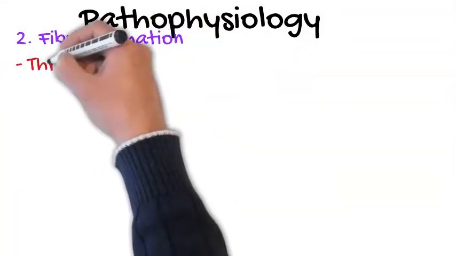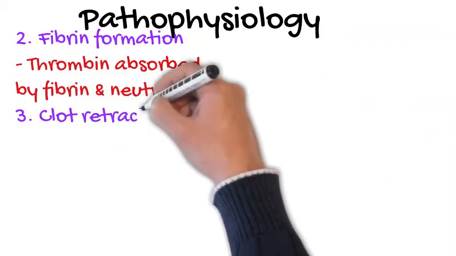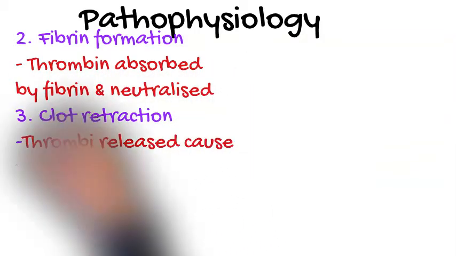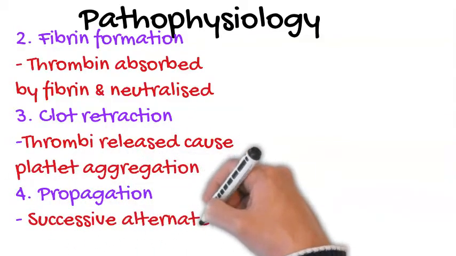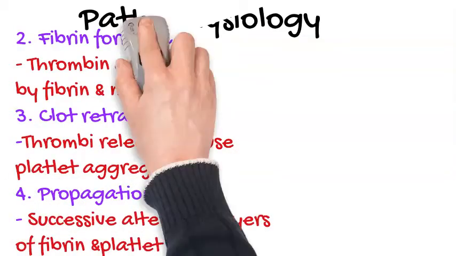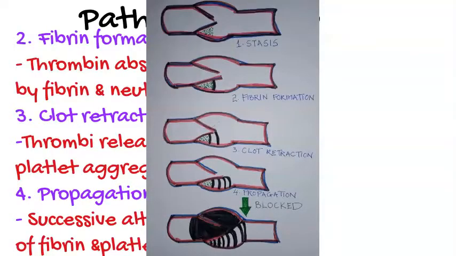Fibrin formation: thrombin is absorbed by fibrin and neutralized. 3. Clot retraction: thrombin release causes platelet aggregation. And 4. Propagation: successive alternate layers of fibrin and platelets.